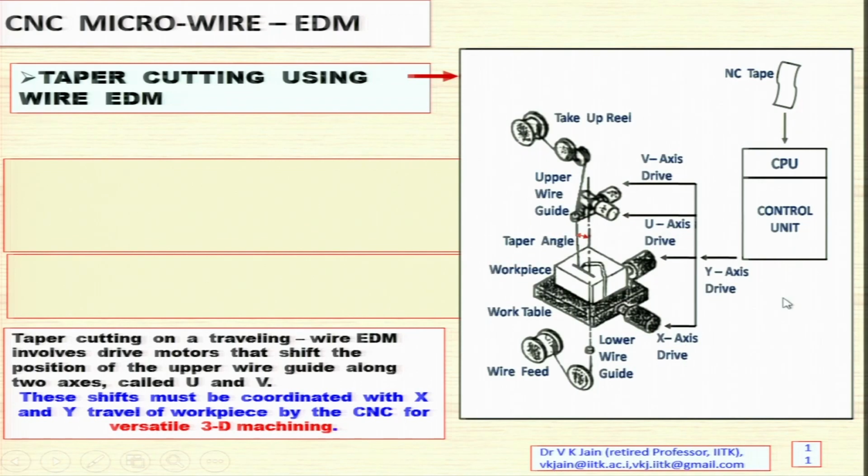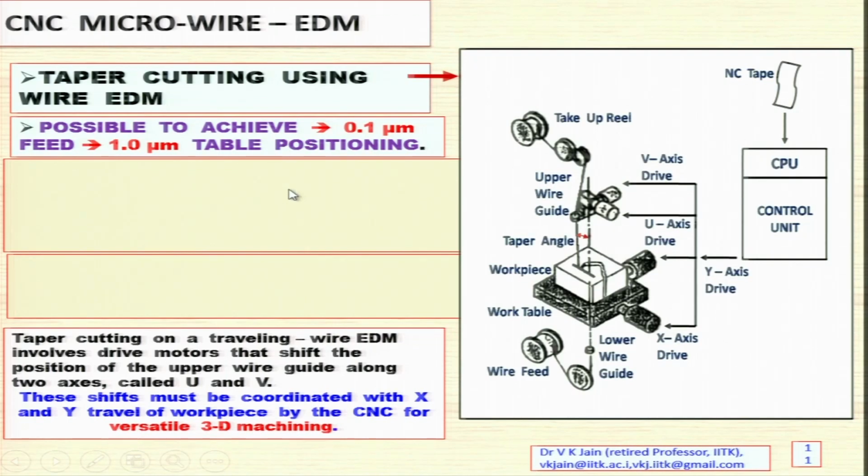You have the control unit over there, and this is the upper wire guide. Wire is coming from here, traveling like this with the help of the guide. Here it is cutting this workpiece material by sparking, and then coming out and rolled over this. And once a whole wire has come over here, it is taken out.